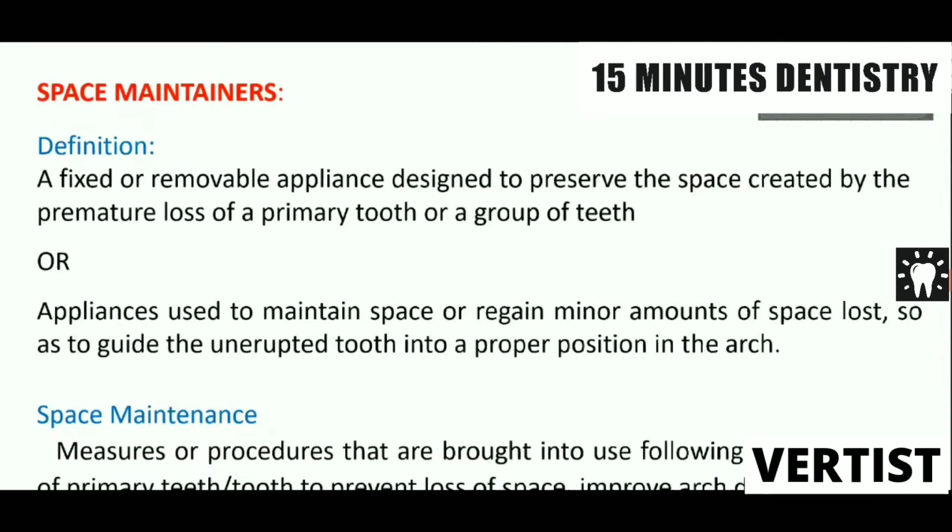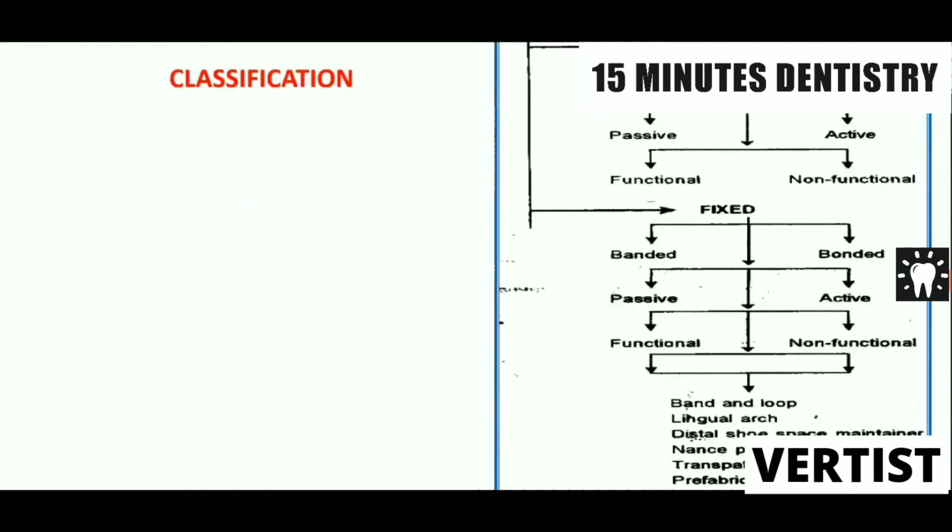It can also be defined as an appliance used to maintain space or regain minor amounts of space lost, so as to guide the unerupted tooth into a proper position in the arch. Overall, space maintenance comprises the measures or procedures used following premature loss of primary teeth to prevent loss of space, improve arch development and maintain the arch length so that the permanent teeth erupt into proper alignment.